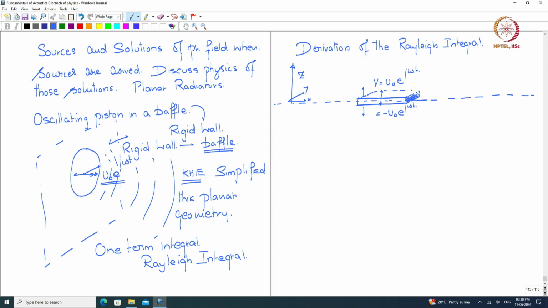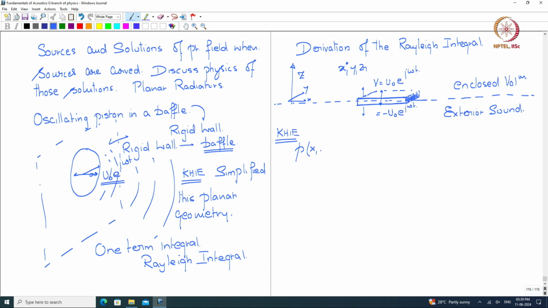So now this is an enclosed surface, enclosed volume, and we are interested in exterior sound. So how will the KH integral look like? Let us say that I am interested in the pressure at some location x1, y1, z1.